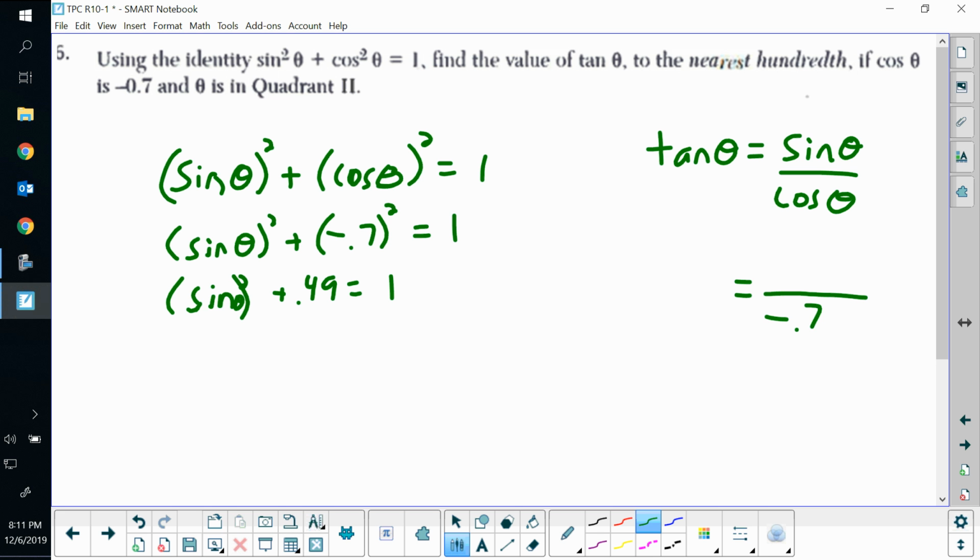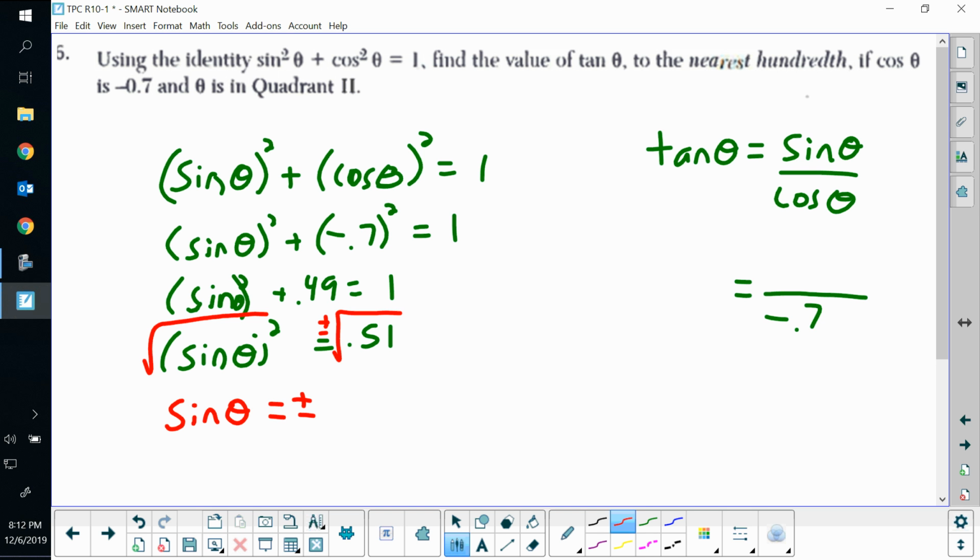When we initially square it, we should get 0.49. When we subtract the 0.49 over, we should get 0.51. Well, now what we're going to do is take a square root to get rid of the squared. When you take that square root, we need to remember to put a plus minus out front.